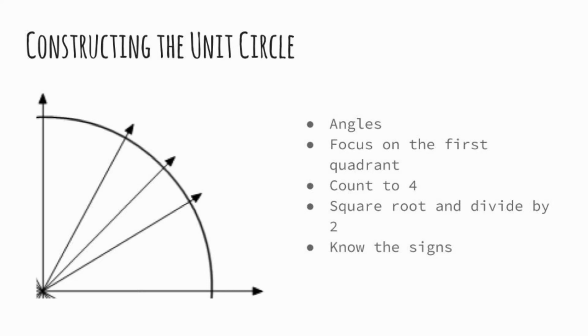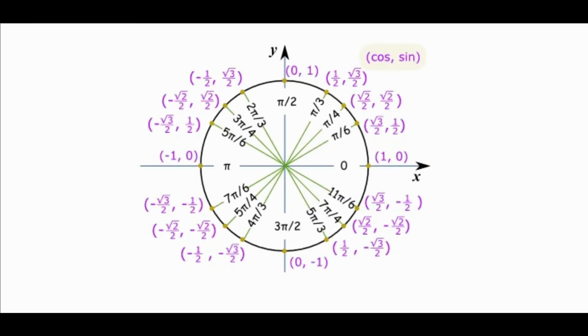The angles which divide the 4 quadrants are 0/2 pi, pi halves, pi, 3 pi halves, and back to 2 pi/0. There are 5 key angles in each quadrant. For the first quadrant, there are 0, pi sixths, pi fourths, pi thirds, and pi halves.